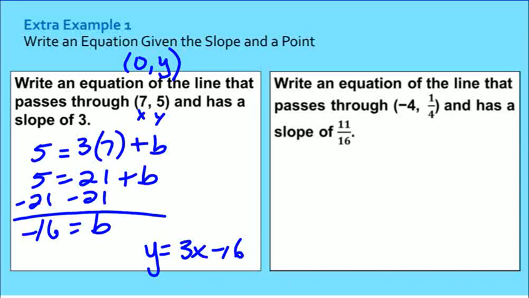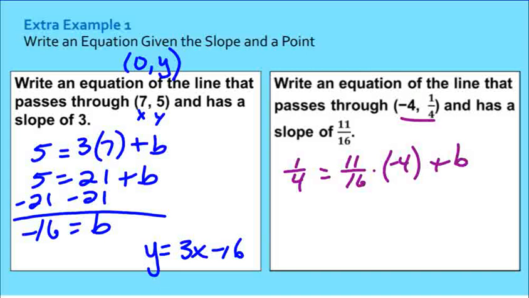Next one, point is -4, 1/4, so I'd have 1/4 equaling 11/16 times a -4 plus b. Here I can divide -4 out and get -1. Divide 4 out here and you get 4.